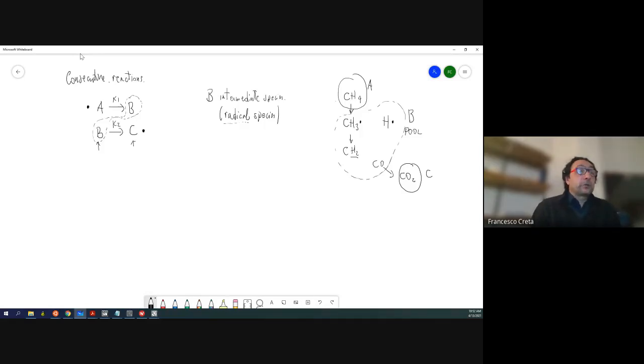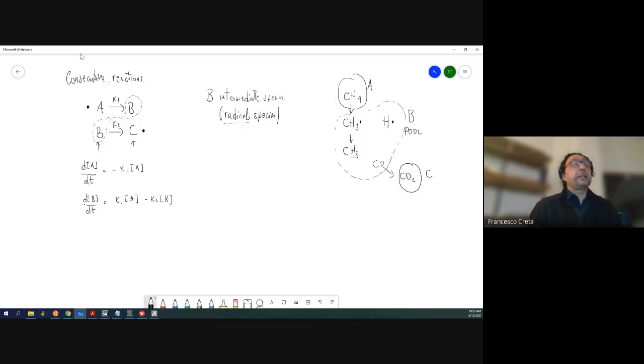Now, for those reactions, we can write down very easily our ordinary differential equation system. For A, it will be nothing else but minus K1A. And for our intermediate species, it will simply be K1A minus K2B.